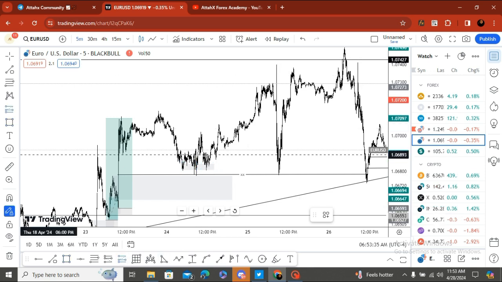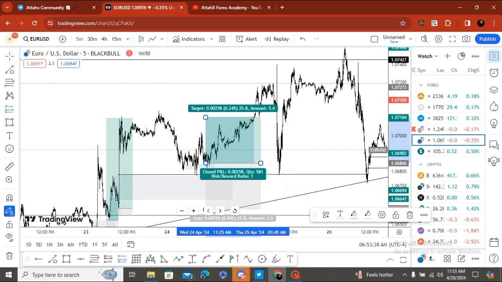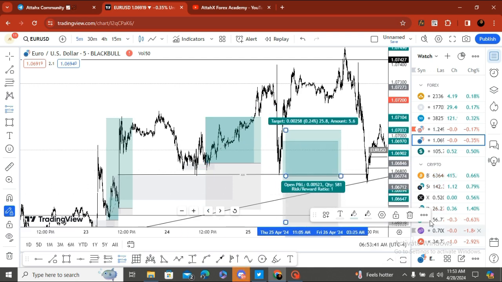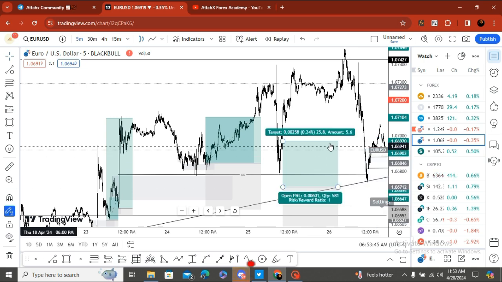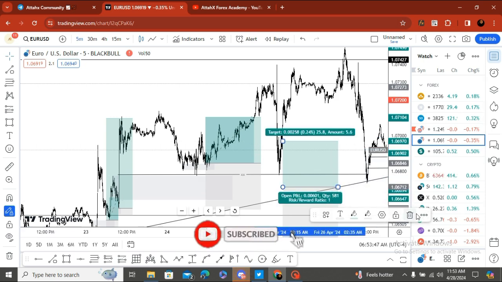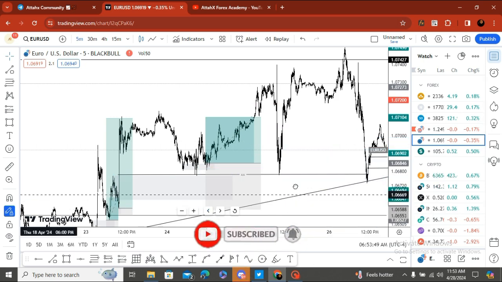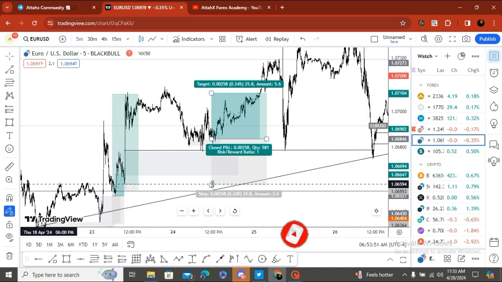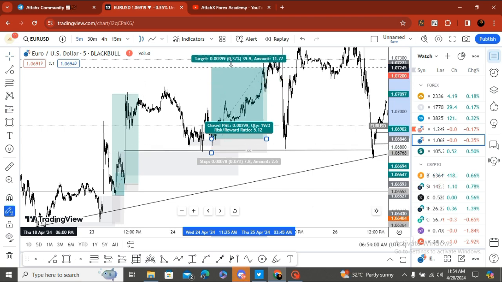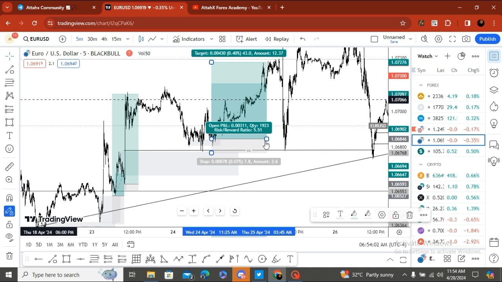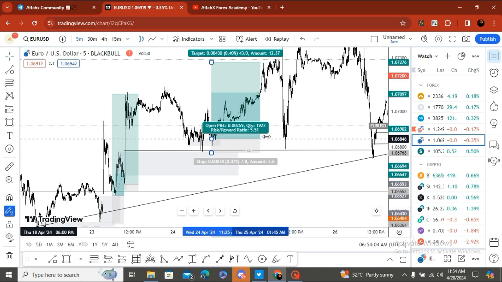So in this scenario, your stop loss should be above this, and then we should get over 5 RR on this trade, right?